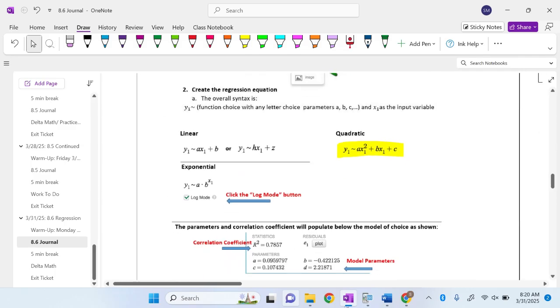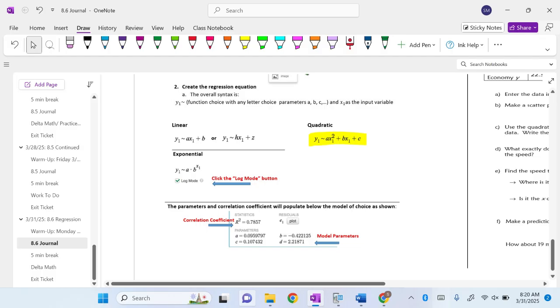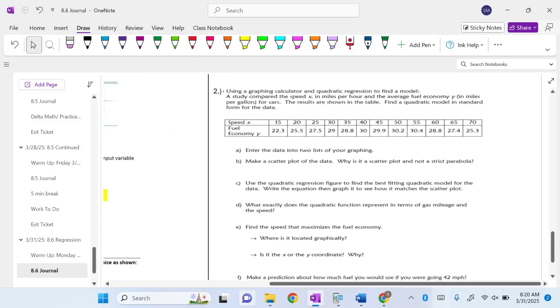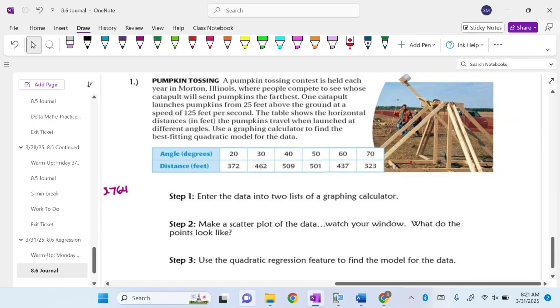All right. So let's actually look at some examples doing regression. I will let you pick whichever version you want to do, whether in the TI or Desmos.